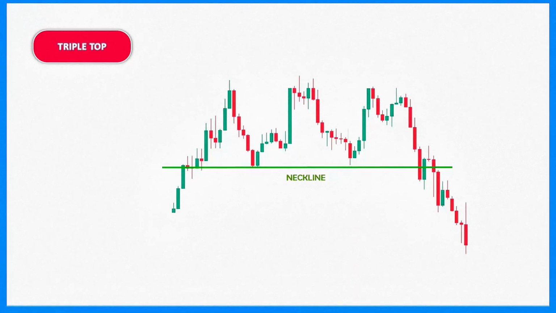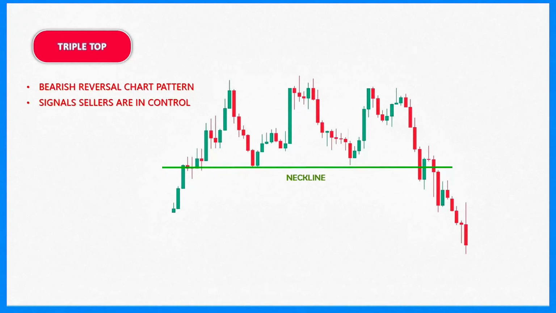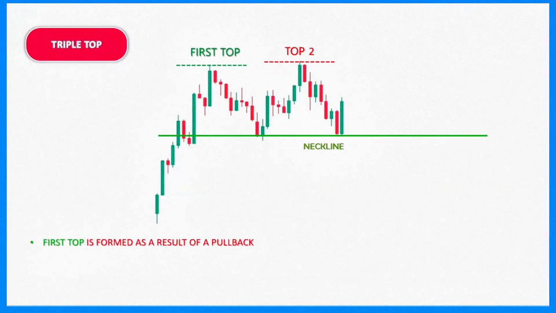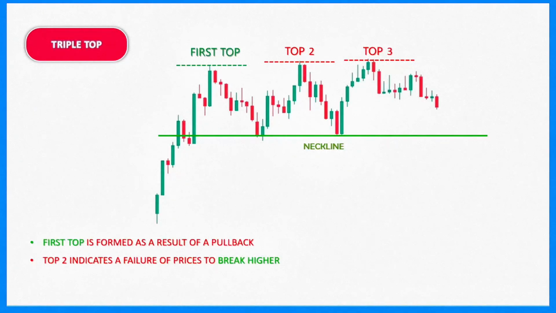A triple top is a bearish reversal chart pattern that signals a shift in market control from buyers to sellers. The formation begins with buyers pushing the price higher to create the first swing high, followed by a pullback. Price again moves up to form the second high, but fails to break above the previous one, giving us our first sign of selling pressure. After this, the market consolidates again and makes one more attempt to push higher.